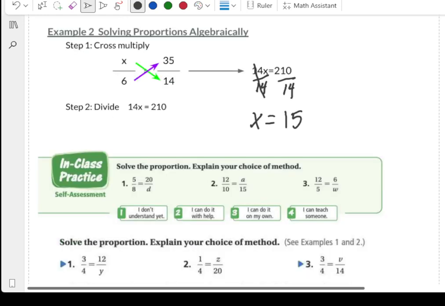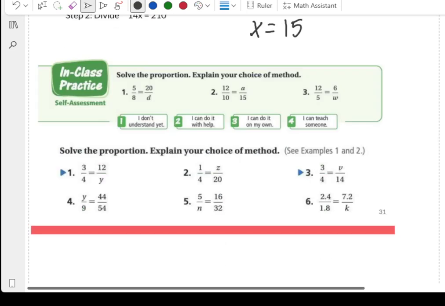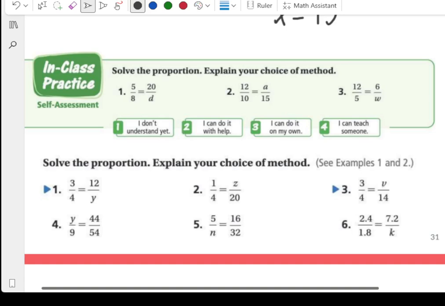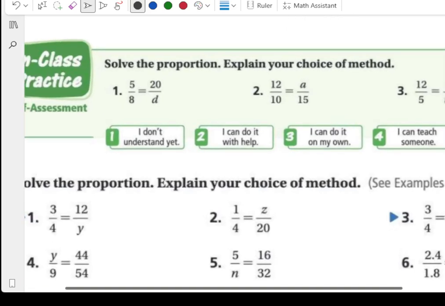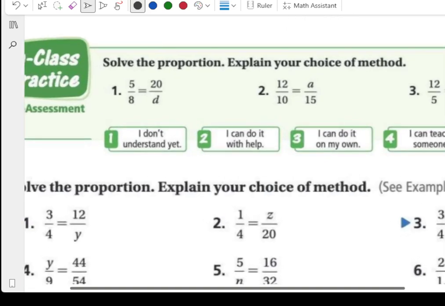Now, let's look at number 1 on this example. We could use either method for this. Does 5 easily multiply to be 20? Yes.